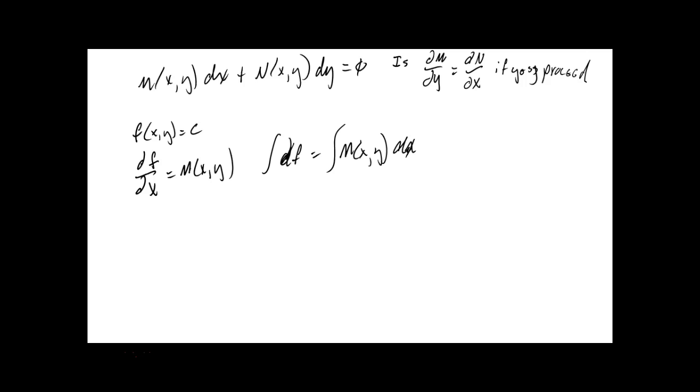Wouldn't it just be M of x, y? Yeah, but you're only integrating with respect to x, so you treat your y's as constants, the same thing as when you take a partial with respect to x.